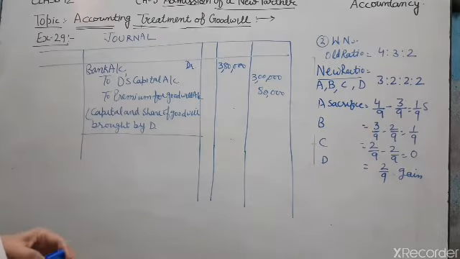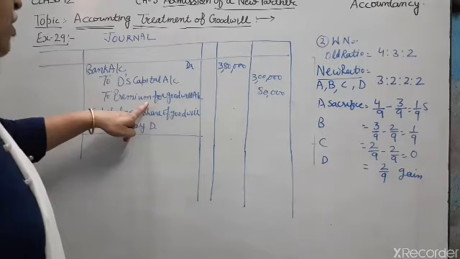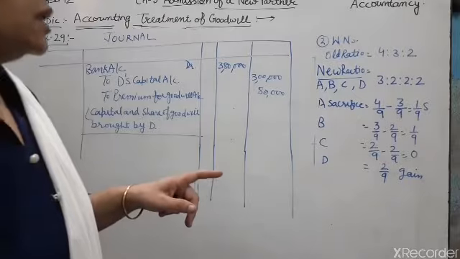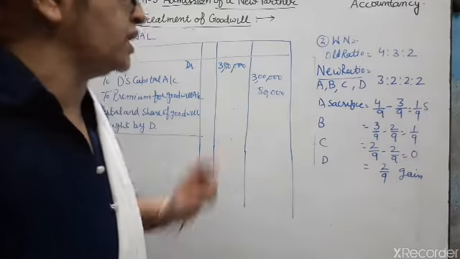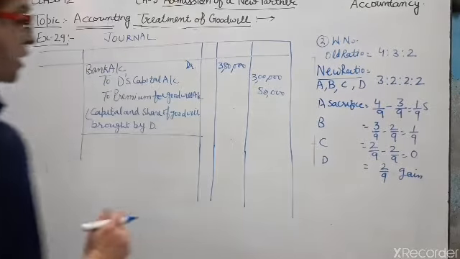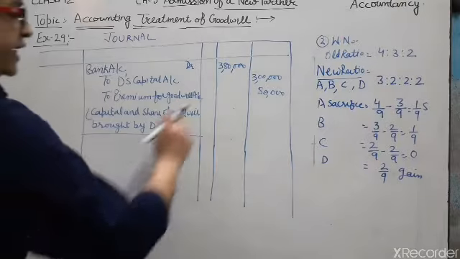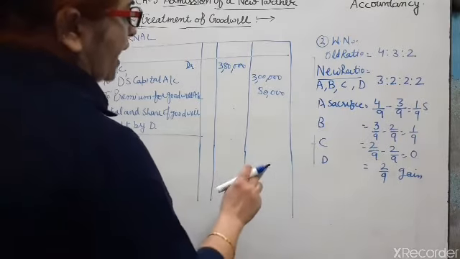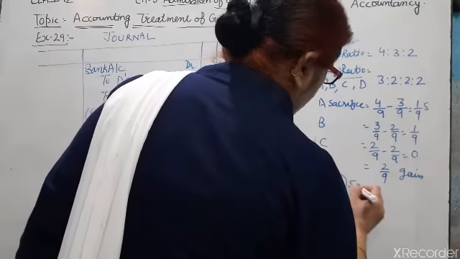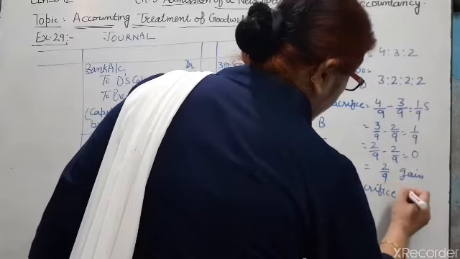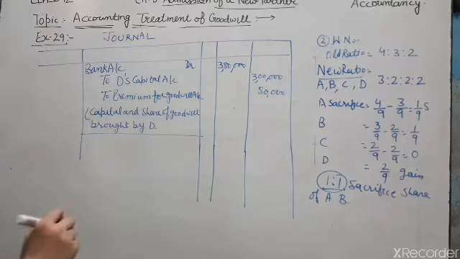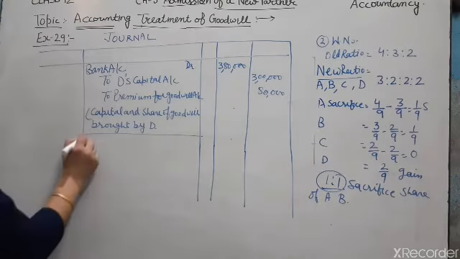Because we studied in the topic that whenever there is reconstitution of the firm, every gaining partner pays compensation to the sacrificing partners. Now D is the gaining partner and A and B are sacrificing partners. So D pays 80,000, compensating A and B in 1:1, that means the sacrificing ratio of A and B. This 80,000 is divided between A and B equally.